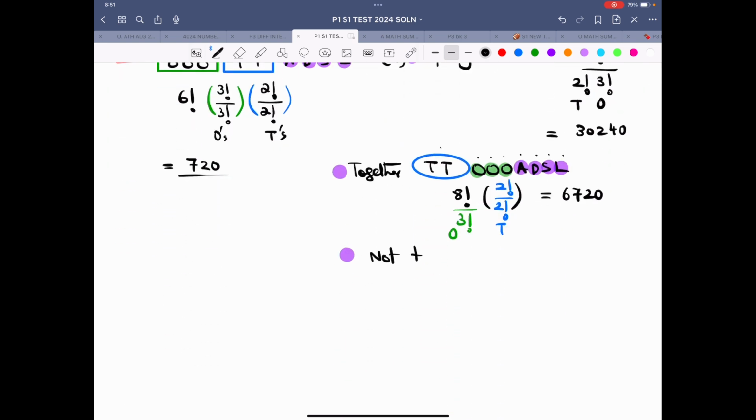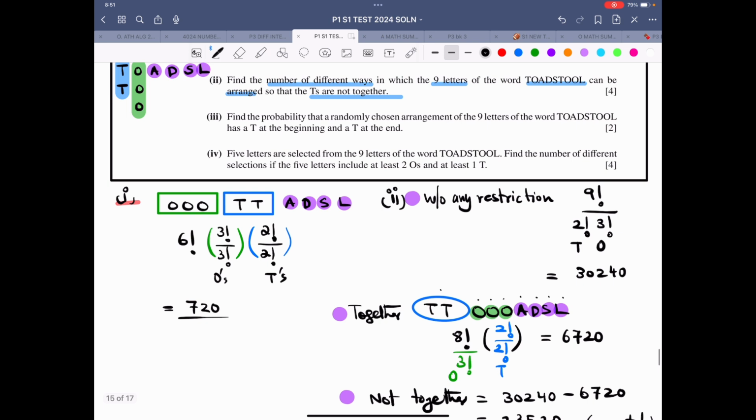So for not together, just do the subtraction. So therefore, this is 30240 minus 6720. Work in the exact form. This comes out to be 23520. That is an exact answer. Leave the answer in the exact form. That thing is all done and dusted. So this thing is done.